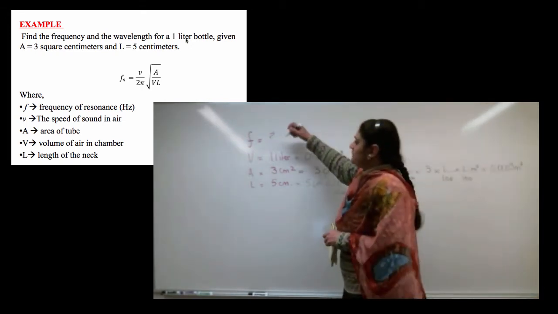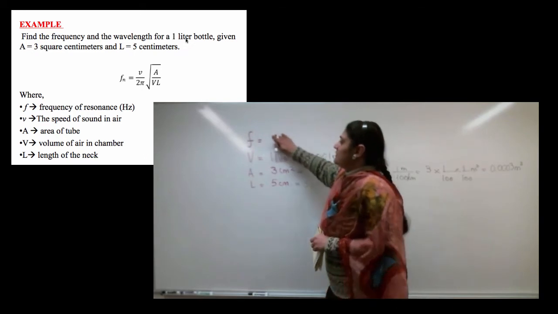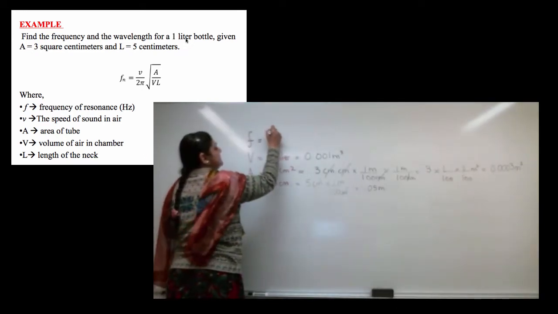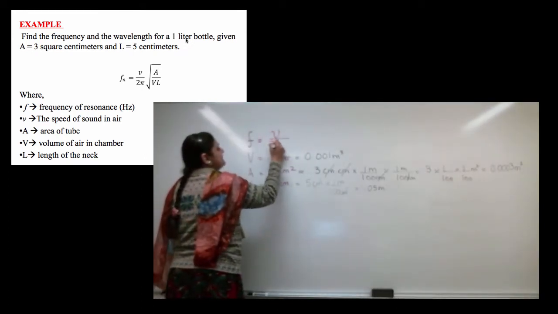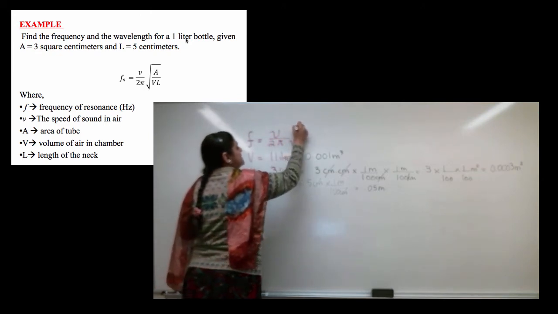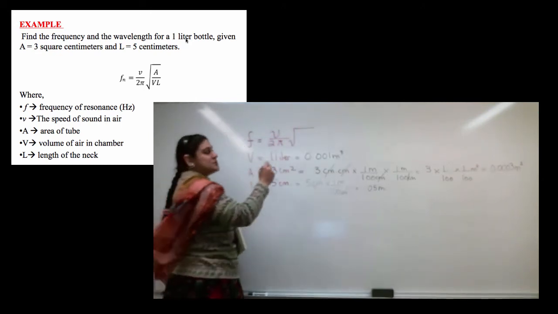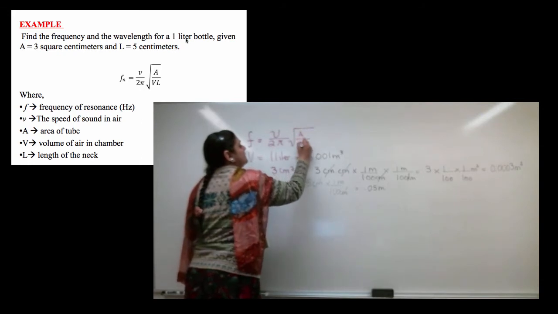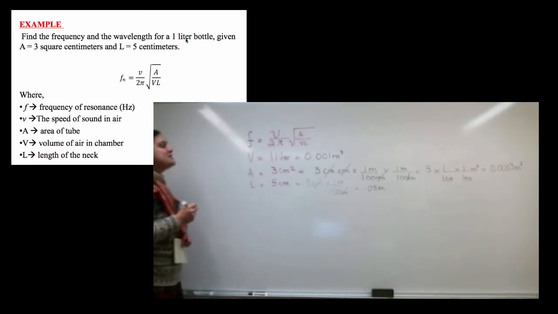So for example, this f, we know that this is going to be equal to the speed of sound divided by 2 pi times the square root of A over VL. What is the speed of sound?